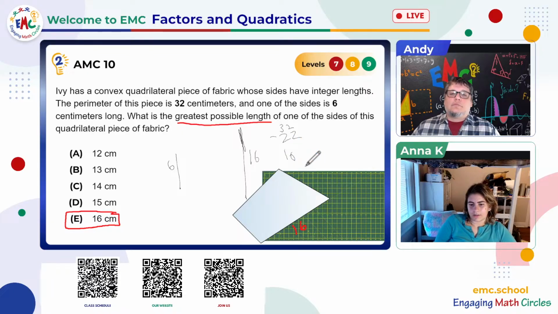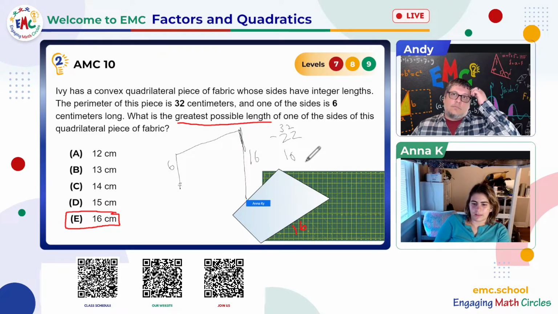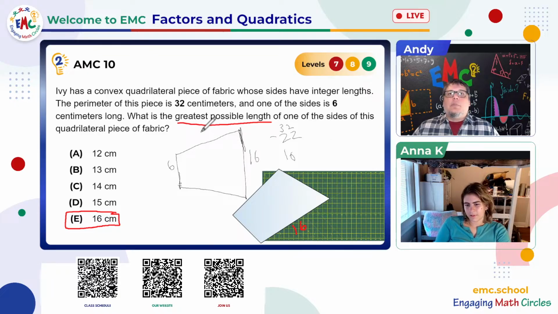And assuming we split them equally, because that's the best optimized thing right now, then it would be 5 and 5, and well, 6 plus 5 is not greater than 16.